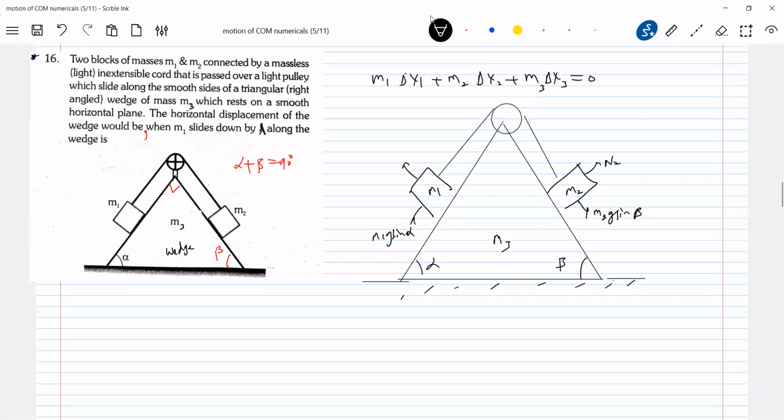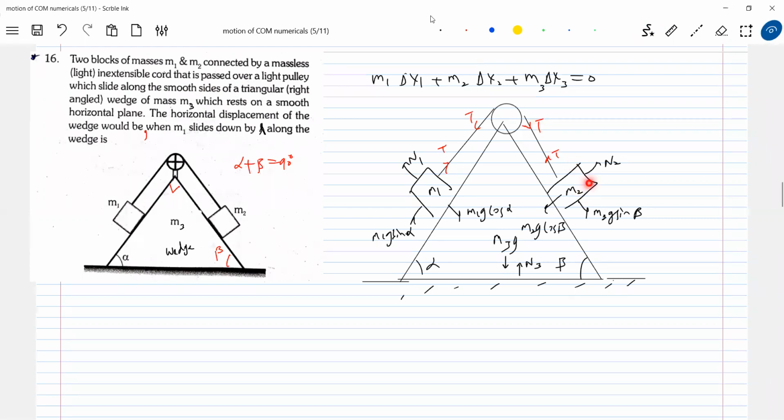Normal contacts N1 and N2, M1G cos alpha, M2G cos beta, M3G weight. Here the normal contact N3, and the tension in the string over the pulley. Even friction is there, you can bring it. Even if you make the inclined plane rough, it doesn't matter. Any one or both. What is the net force acting on the system?